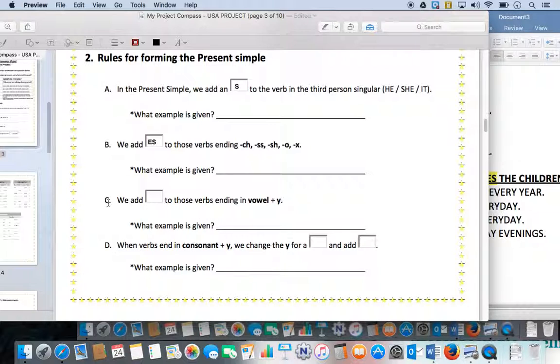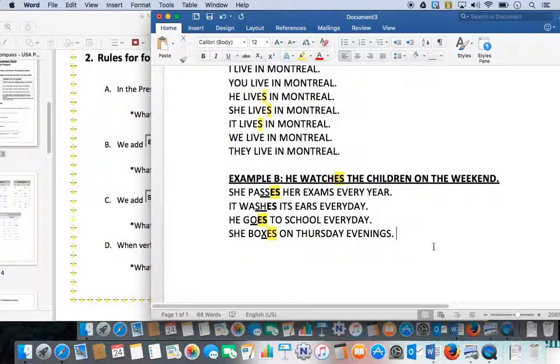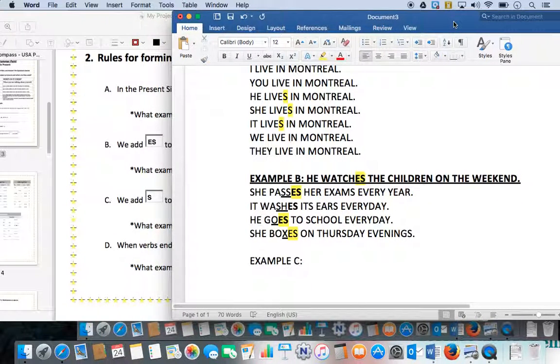Okay, so here this is a vowel plus Y. Okay, so in this case, you just add an S again. Okay, so it's really not an exception. But for example, let's look at example C. We'll use the verb to stay. So stay in your seat, for example. Okay, so let's say we'll go with he here. So he stays in his seat during the entire class.